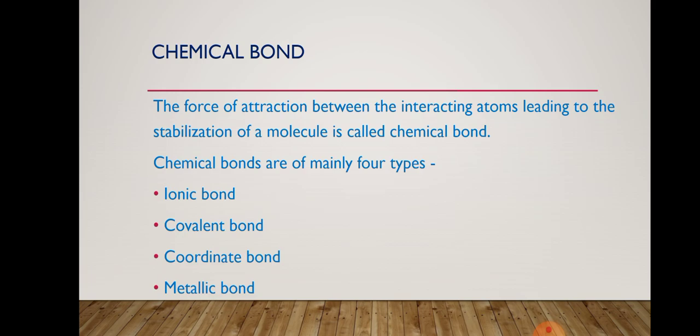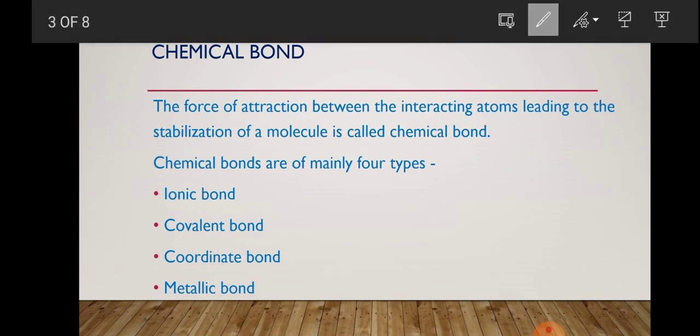The force of attraction between the interacting atoms leading to the stabilization of a molecule is called chemical bond. Here two things are very important. One is force of attraction and another is stabilization.